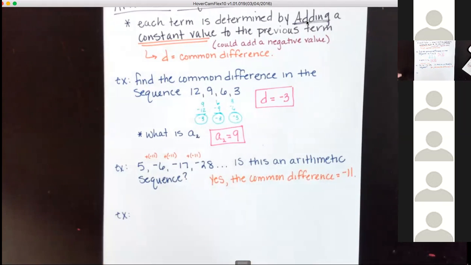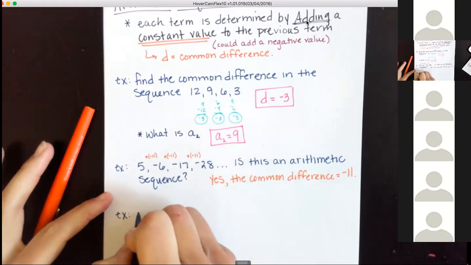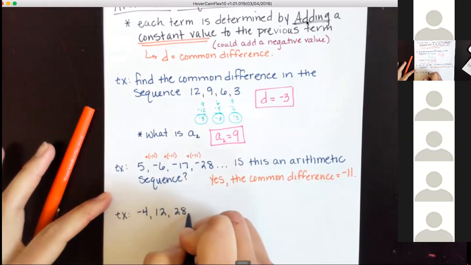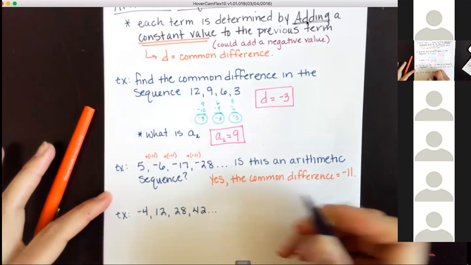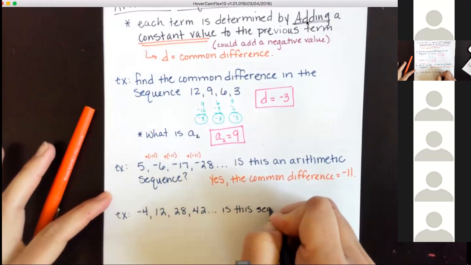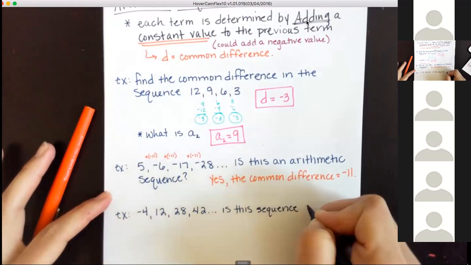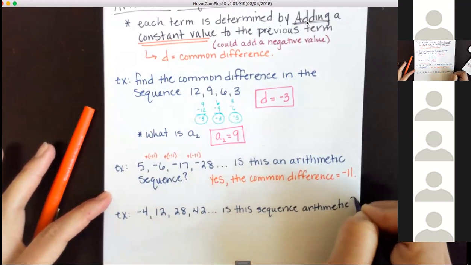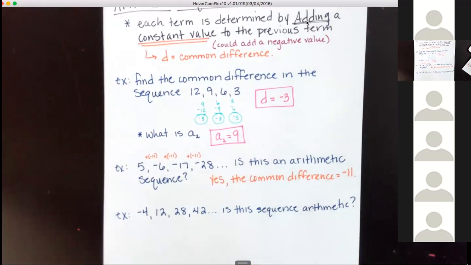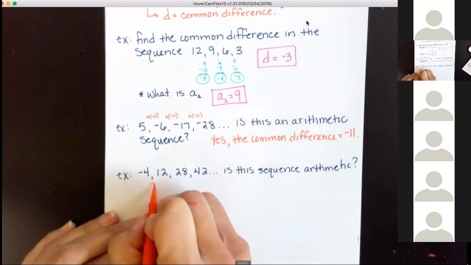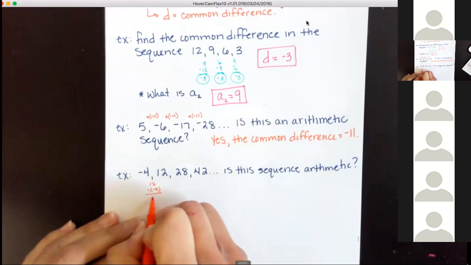All right. So -4, 12, 28, 42, is this sequence arithmetic? And again, you may or may not be able to see this, but 12 minus that -4 says we added 16.